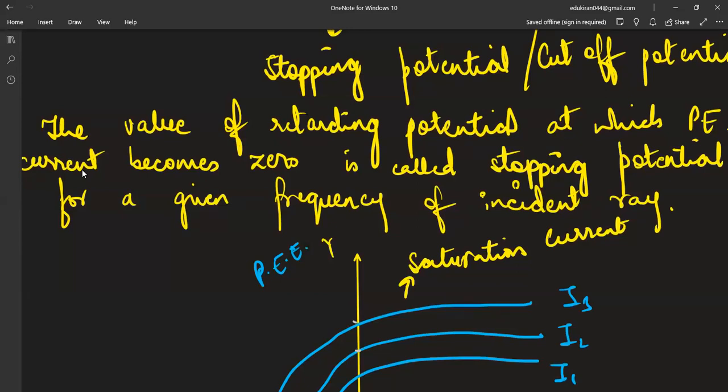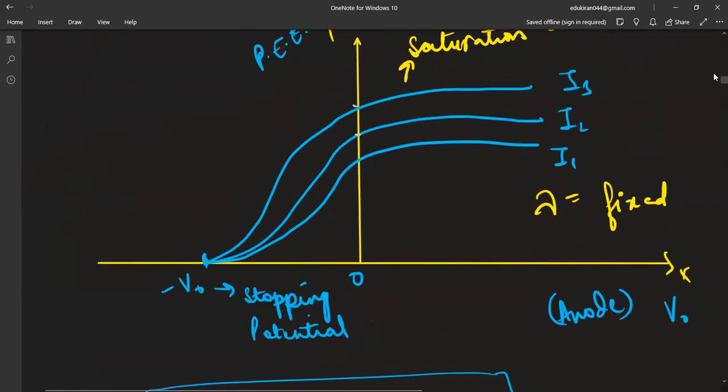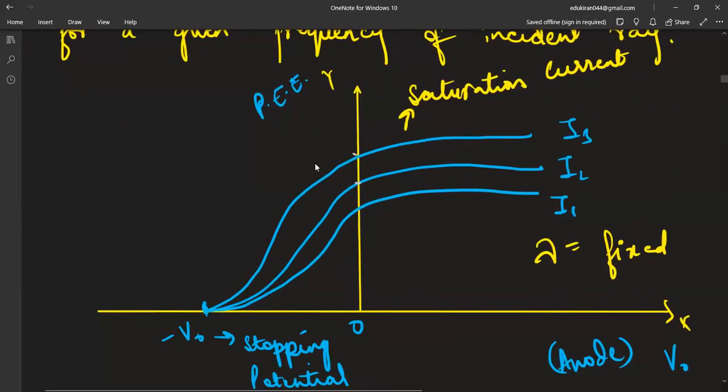All right. Now see, what is meant by this? Look at the graph first. It was observed that when photoelectric current and voltage were plotted against each other, these observations were made. These were done experimentally.